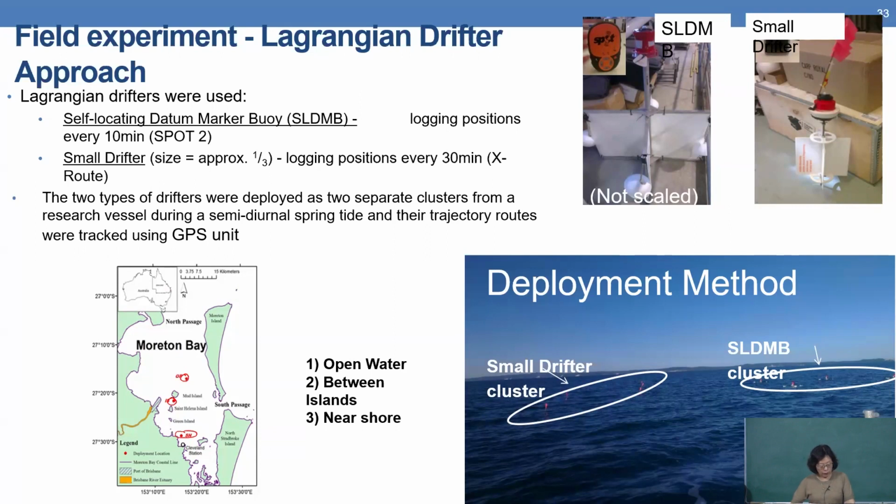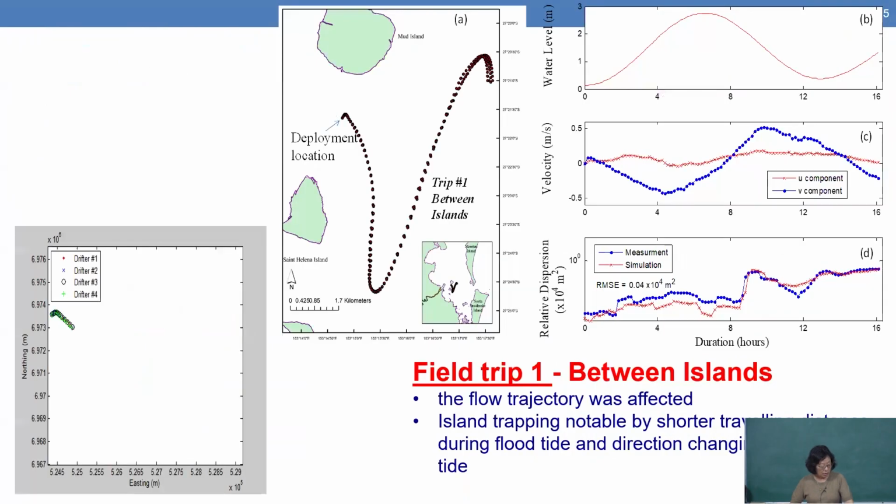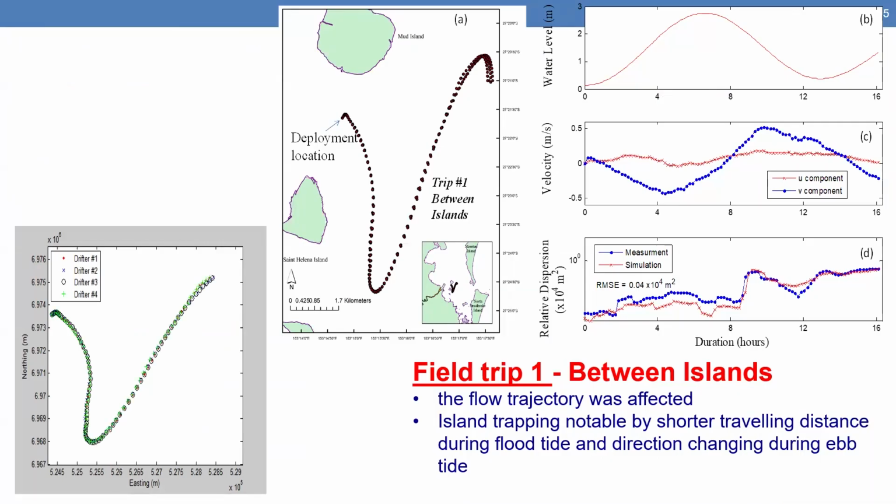From that, you can see this example, that's between the islands. We followed that result, and then we did our simulation as well. Of course you can see that's for the 4 drifters.